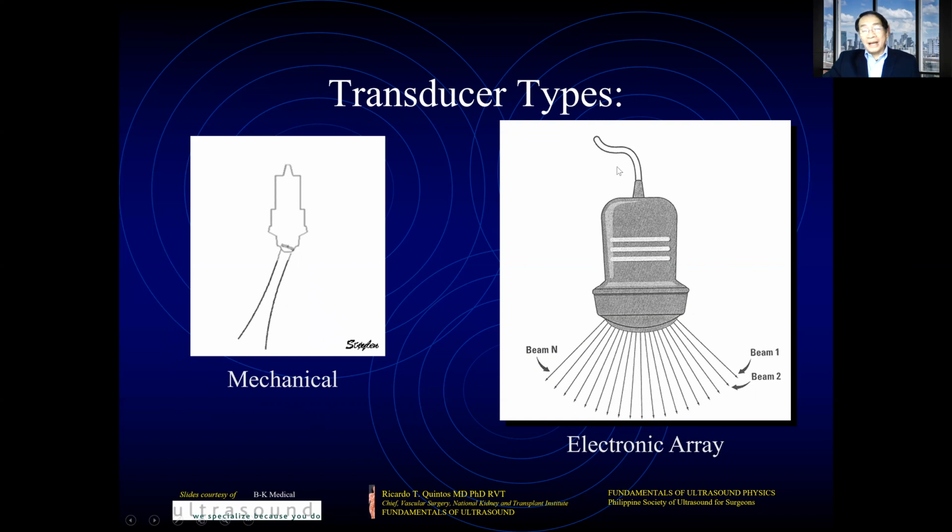But the electronic array transducer actually has multiple beams being transmitted out. So it's not a mechanical event now transmitting beams at different angles, but we now have multiple beams coming out from the array. There is an array of crystals that will allow the beam to be propagated or transmitted away from the transducer.